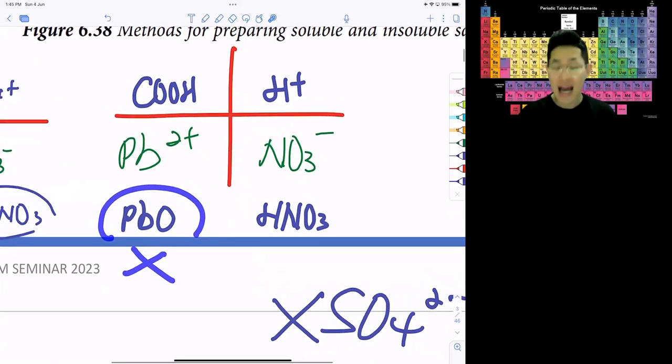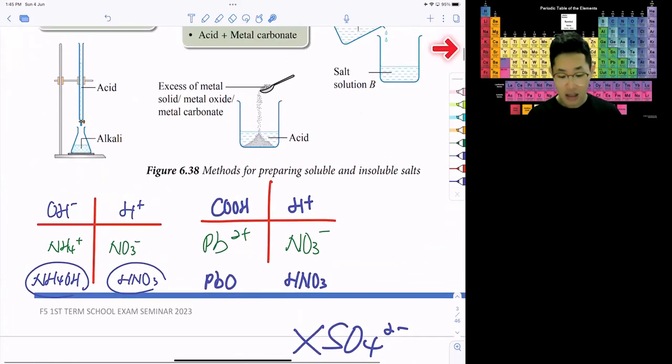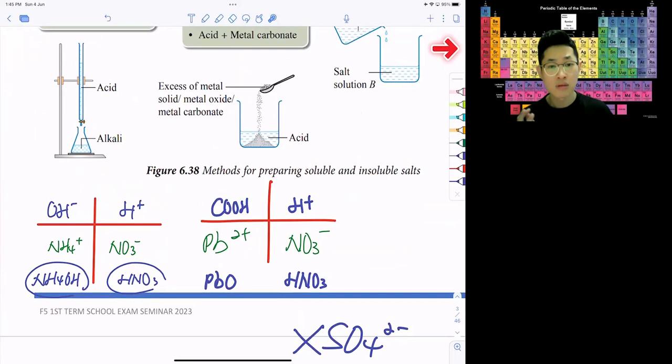When my reactant is insoluble, that means they are solid. Can I put solid into the burette and do titration? Obviously cannot. So the only way I can do is like this.